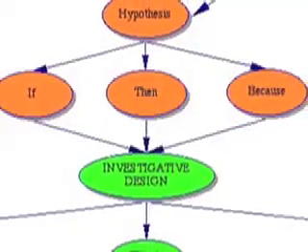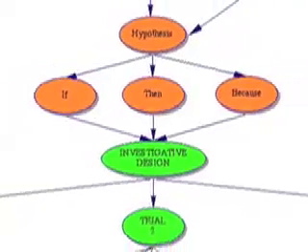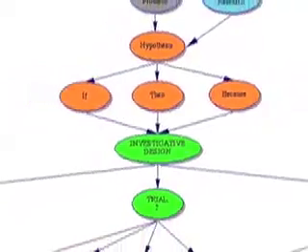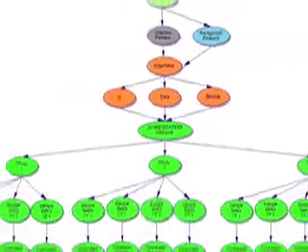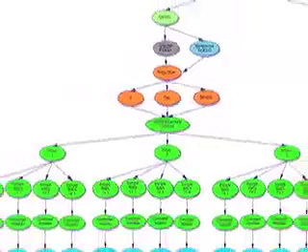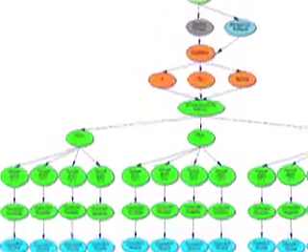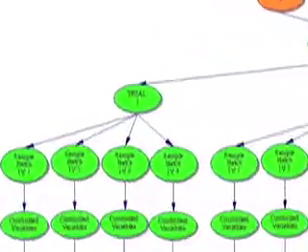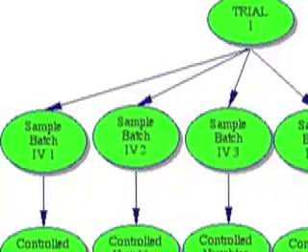You do this by making sure that your investigative design is correct. Let's take a look at the design of an experiment in more detail. Let's zoom in on trial number 1, experiment number 1, and talk about the independent variables.